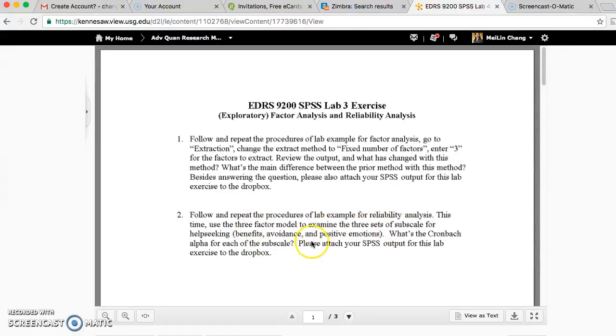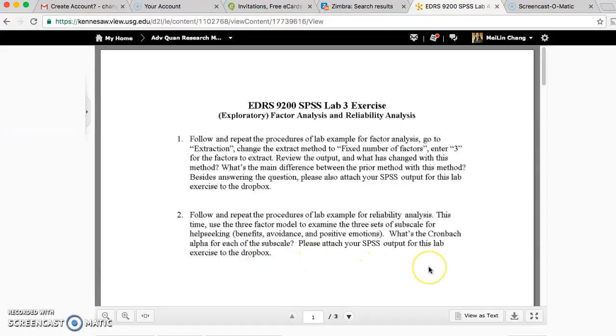The first one is benefits, which has the first 5 items. Avoidance has 3 items, items 4, 5, and 11. And the positive emotions subscale was related to perceived benefits of help seeking. That is 6, 8, and 9. So now you will run 3 separate reliability tests, one for each subscale, and then report the Cronbach's alpha.